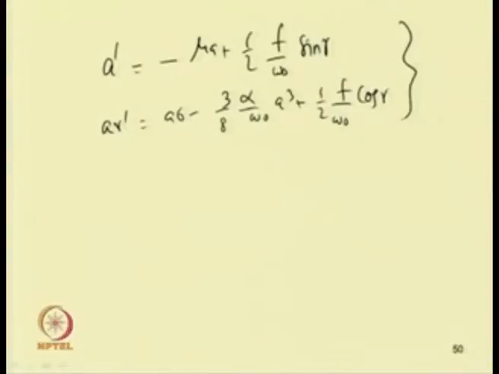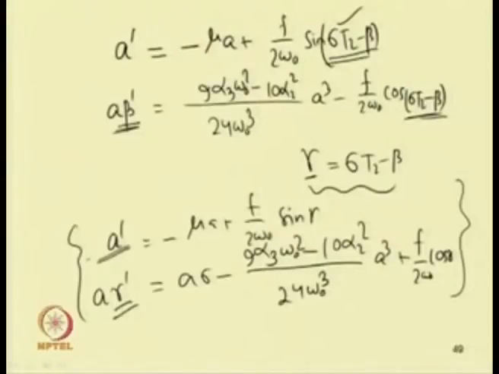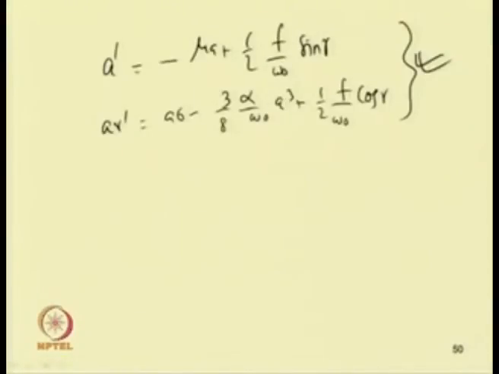This is for the Duffing equation with cubic nonlinearity for a similar type of oscillation. Comparing, this alpha can be substituted by alpha 3 minus 10 by 9 alpha 2 square by omega 0 square.